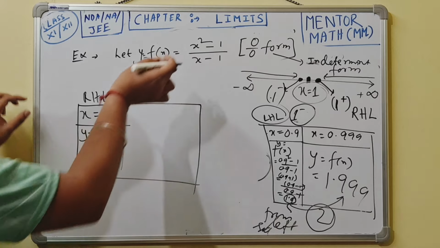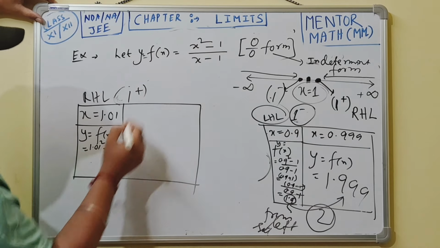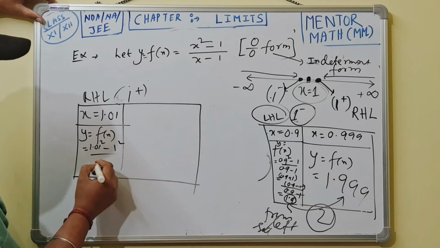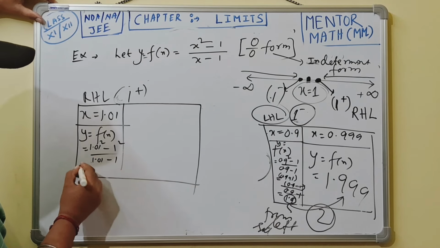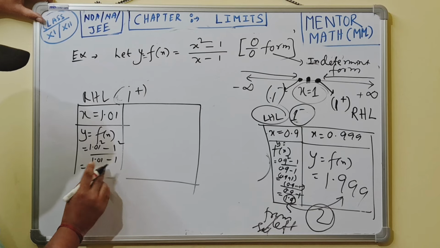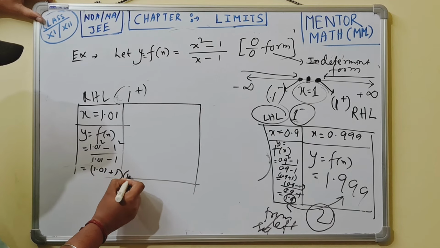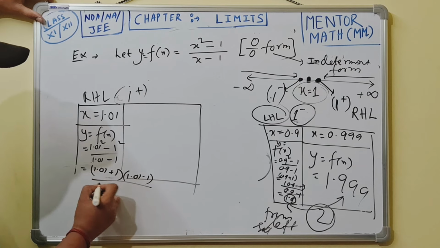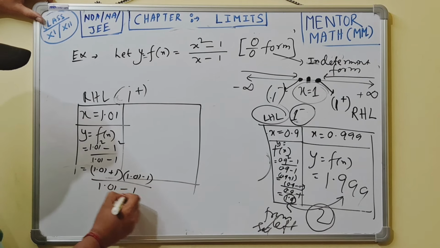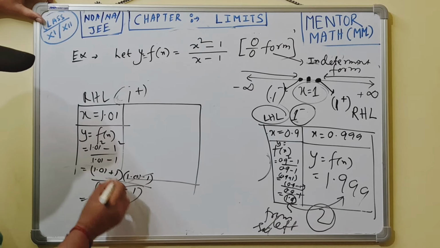Put x replaced by 1.01: 1.01 square minus 1 square by 1.01 minus 1. Again you can calculate: (1.01 plus 1) into (1.01 minus 1) whole divided by 1.01 minus 1, and this is cancelled. You get the value 2.01.